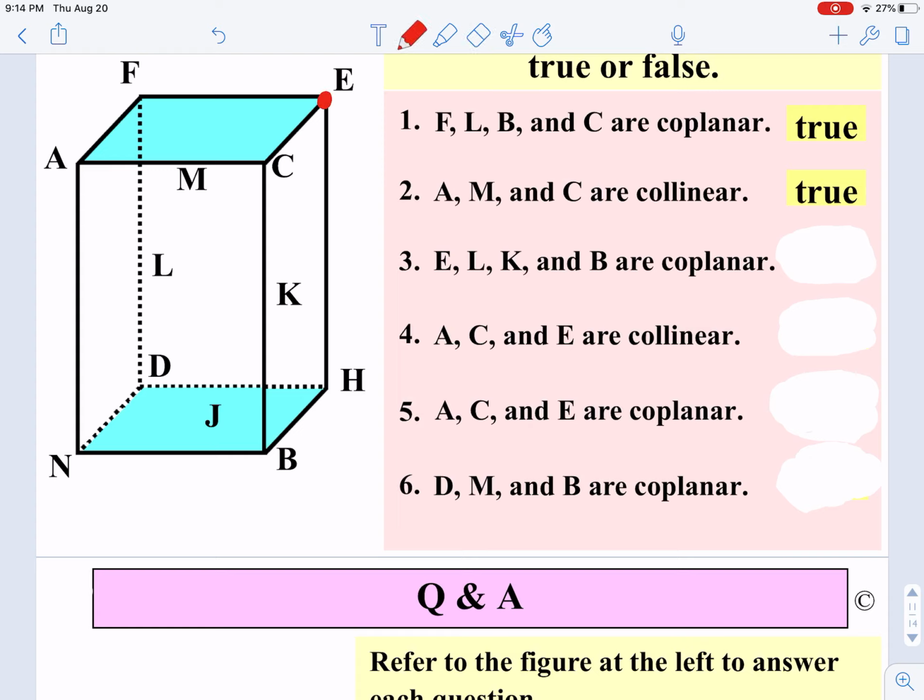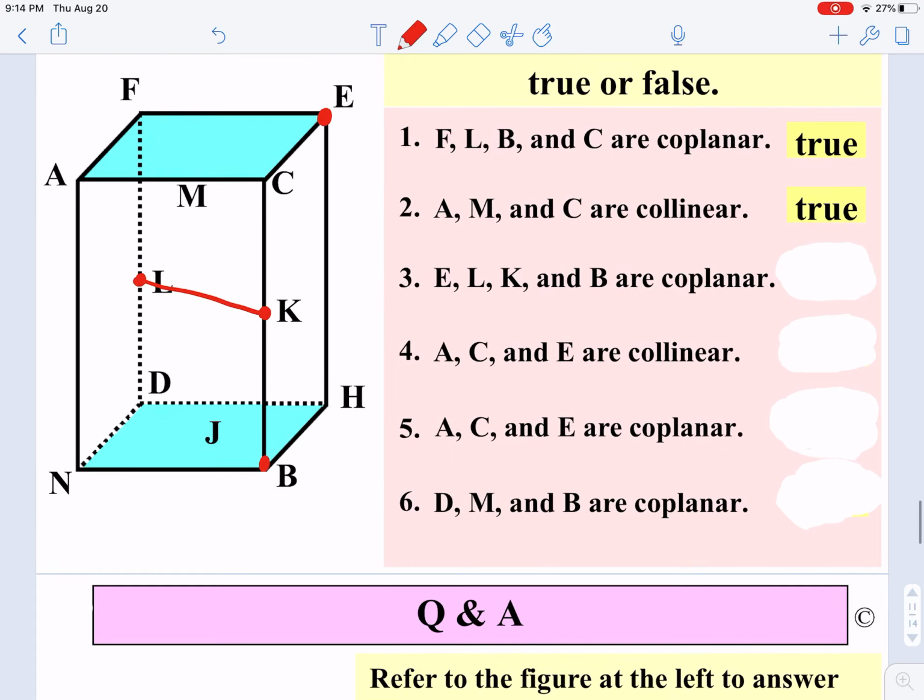E, L, K, and B. All right. This one is going to be false. They are not coplanar. There's no way I could hit all of those areas. I could get L and K and B on one line if I came through here and connected it like that, but there's no way to include that corner up there. So this one is false.